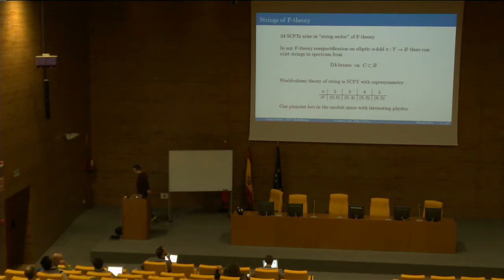So in any F-theory compactification, I can take my elliptic fibration, that elliptic fibration has a base, and I can wrap a D3 brane around any curve inside of that base. This will give me some string-like excitation in the effective field theory. So regardless of what you do or what you want to do, these things will always be elements of the spectrum. Whether they're interesting elements or not somehow depends on what you're interested in, but they're certainly always there.